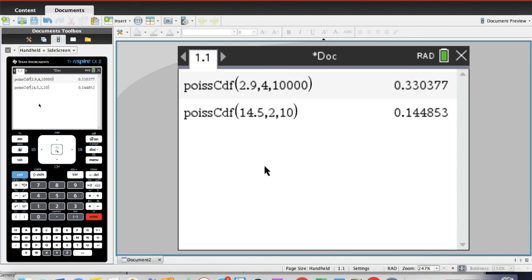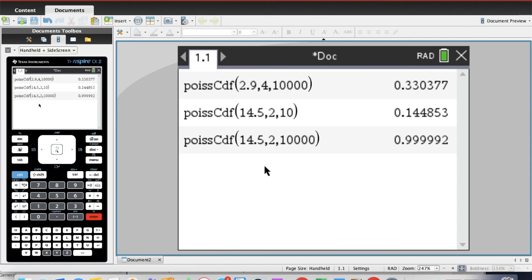So I get that probability. The second probability I wanted was L being greater than or equal to 2. So here we go again, CDF with 14.5, and we want everything from 2 up to some really big number. 10,000 worked well last time, so let's take that one.